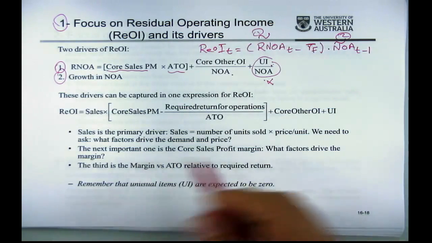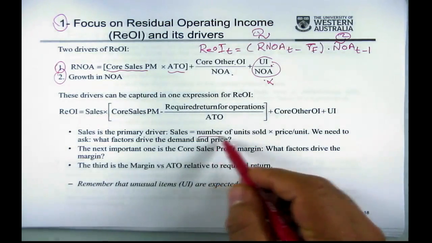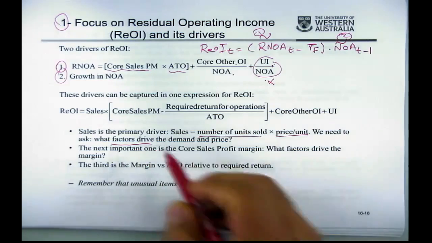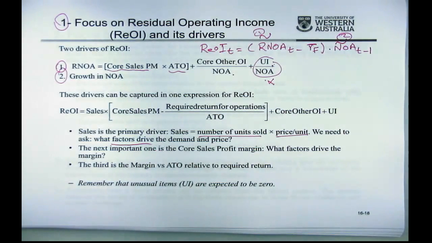Remember that sales is the number of units sold times the price per unit. So we need to ask ourselves and find out the factors that drive the demand and the price. Normally, the sales or revenues figure is the primary driver of the growth.